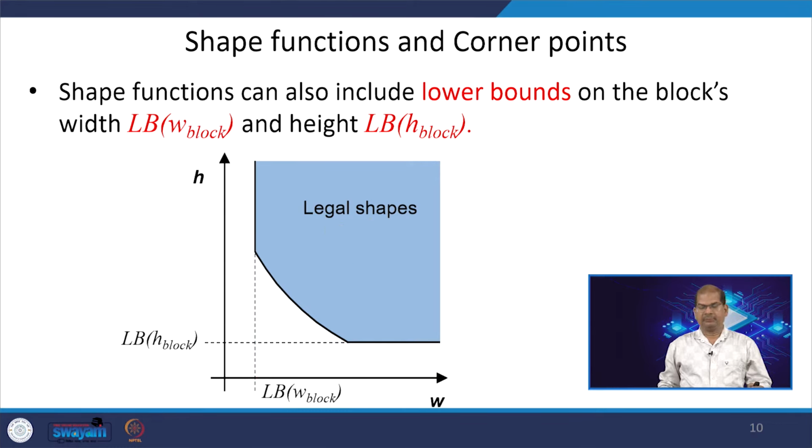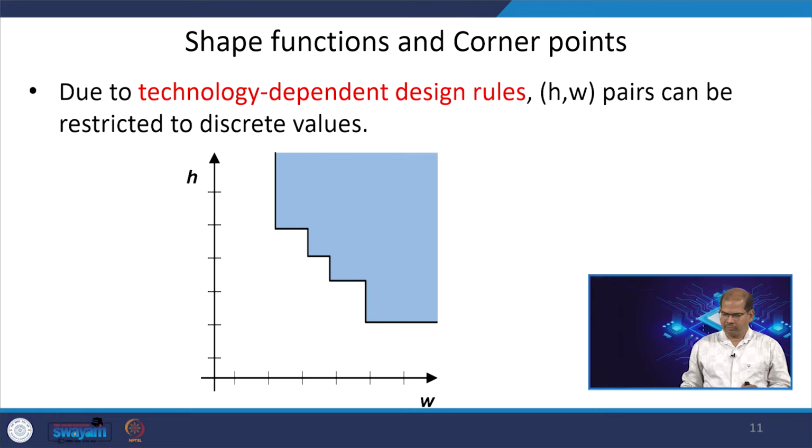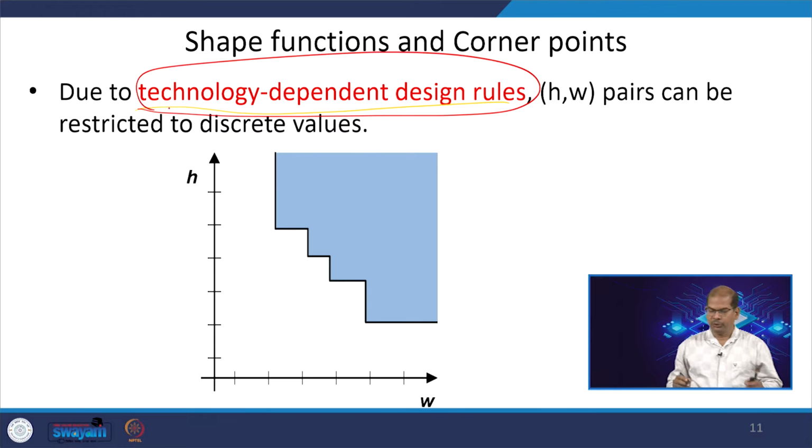So, now the shape of my shape function comes out to be this much. This is because of some lower bound in the shape of your design. Then there are some technology dependent design rules. In that case, we can create the shape of the block only in some particular positions, not like a continuous function of W and H, a W and H pair.